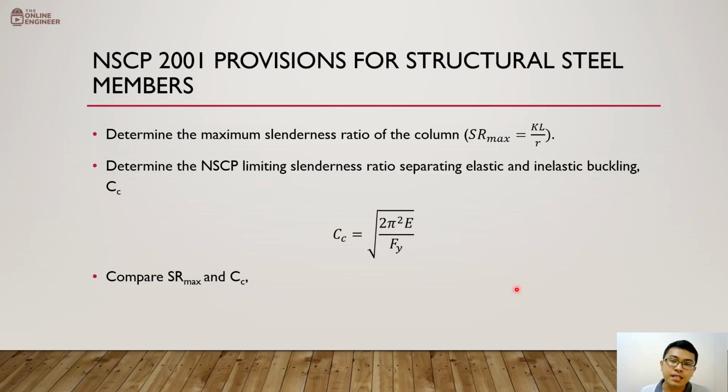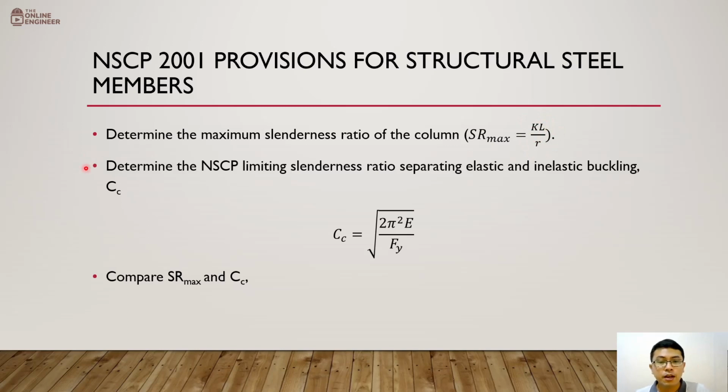Well, this is the process. The first step is to determine the maximum slenderness ratio of the column, also known as SR maximum. Slenderness ratio maximum, that's equal to KL over R, where K is the effective length factor, L is the unbraced length, and R is the radius of gyration.